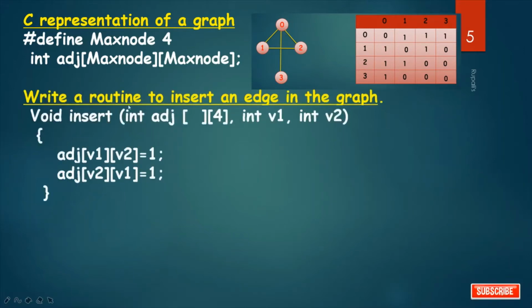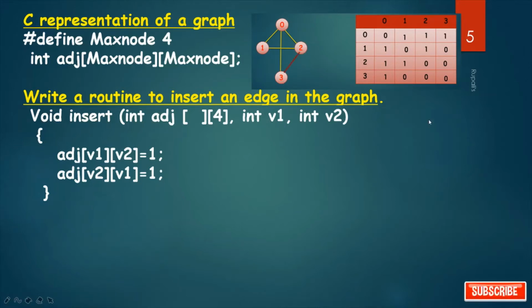Now, write a routine to insert an edge in the graph. So function name is insert. I have to pass the array and the vertices between which I want to insert the edge. Say the vertices are V1 and V2, say 2 and 3. What is the value of V1?